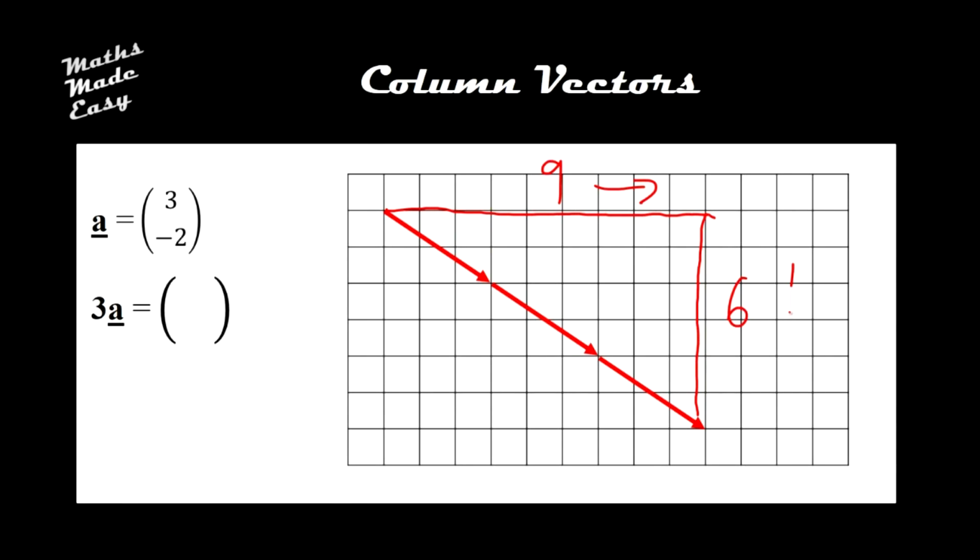So 9 right and 6 down. So 3a would be 9 and then -6 for the 6 down. So to work out 3a, all I do is take a, and if you notice, I multiply this number by 3, and then I multiply this number by 3. So you just times by 3.